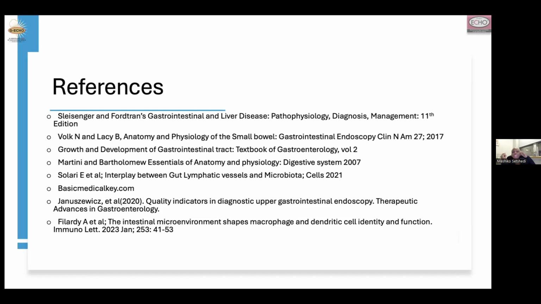So apparently it's a Greek term. It comes from jejunus, which stands for fasting. Apparently what they found was that when somebody dies, relative to the duodenum and the ileum, the jejunum, because of its massive peristaltic activity, tends to empty relatively quickly.